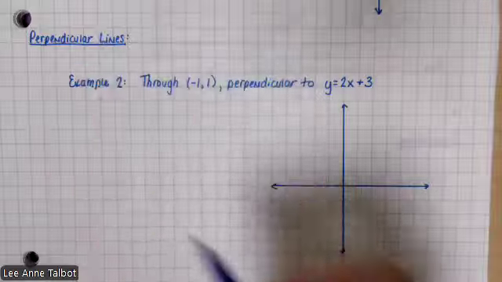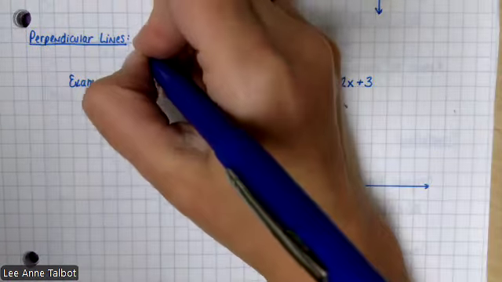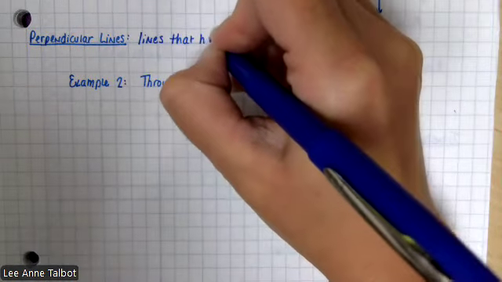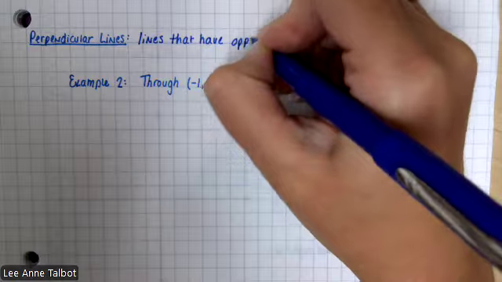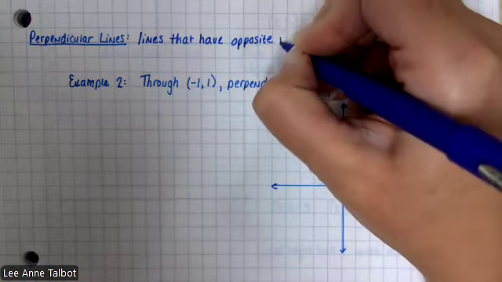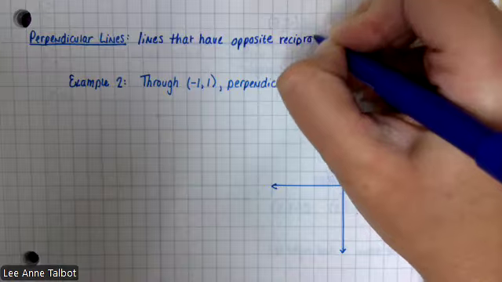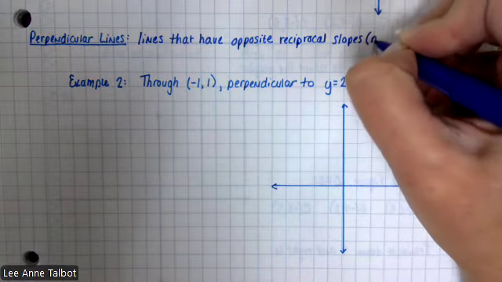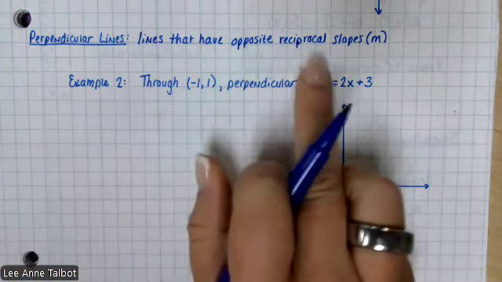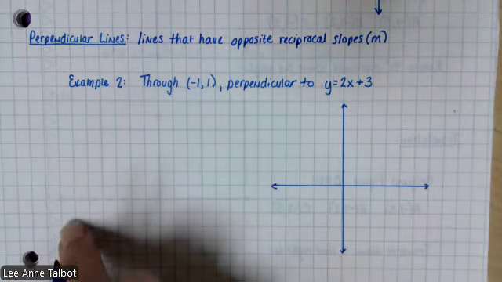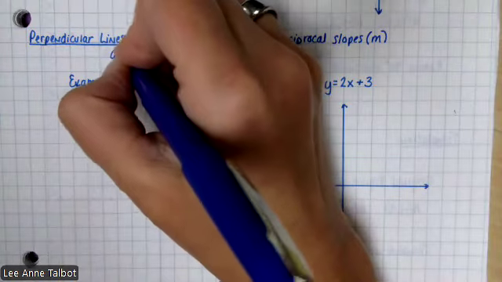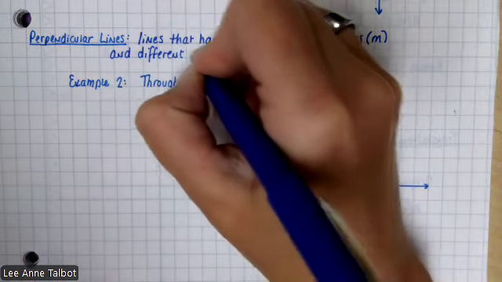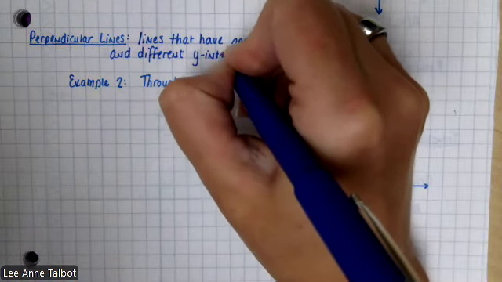Okay, we're going to define perpendicular lines. Lines that have opposite reciprocal slopes, and different y-intercepts.